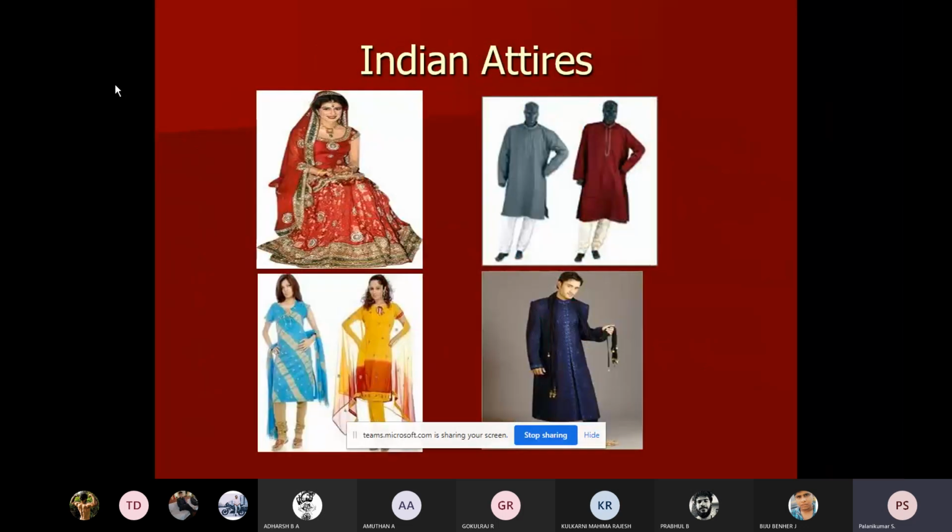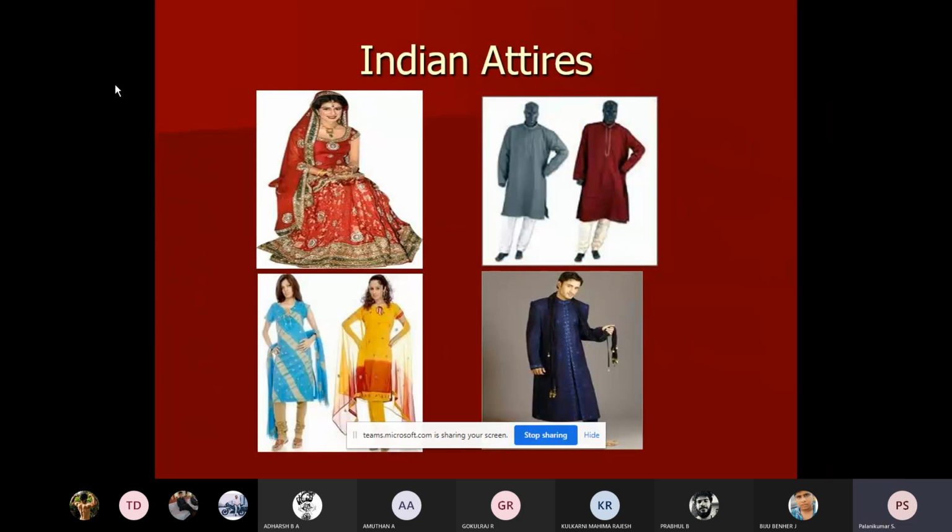If you see Indian attires, as I already told, in India, every 50 kilometers you travel, you can see people speaking differently, even though it is the same language. In Tamil Nadu, from Kanyakumari to Chennai, every 50 or 100 kilometers, the way people speak Tamil itself is different.